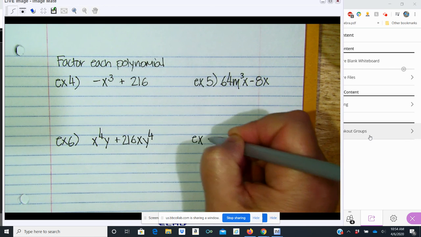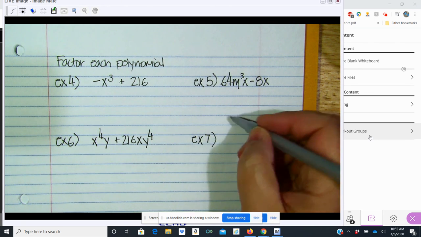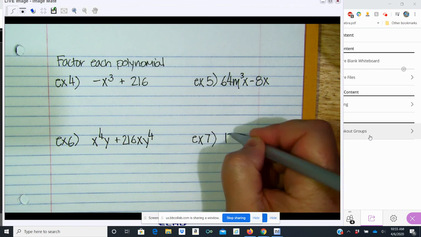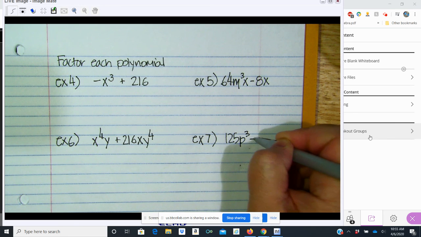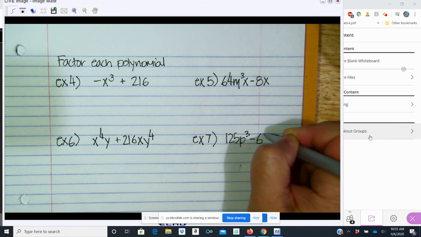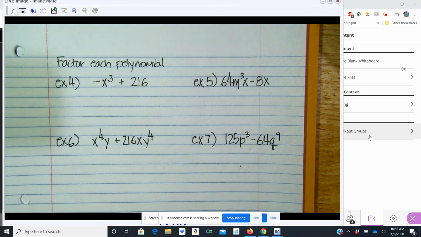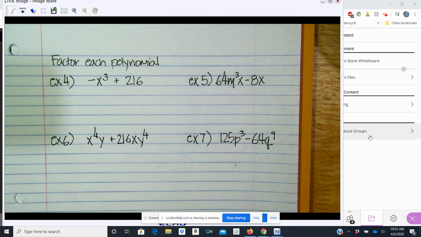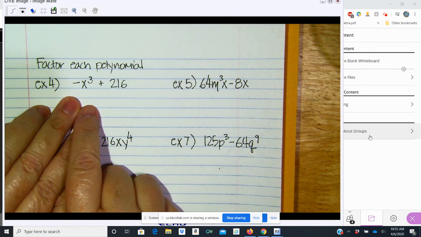Let's see if we can do these 4. Okay. What do you notice about this first one?